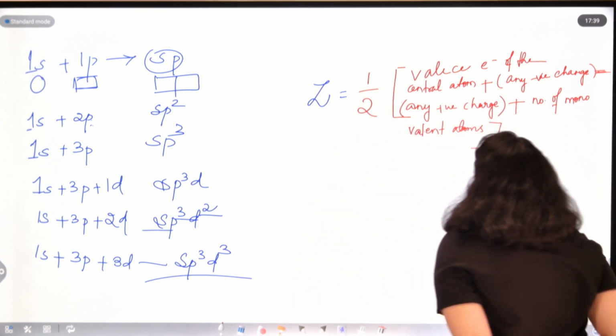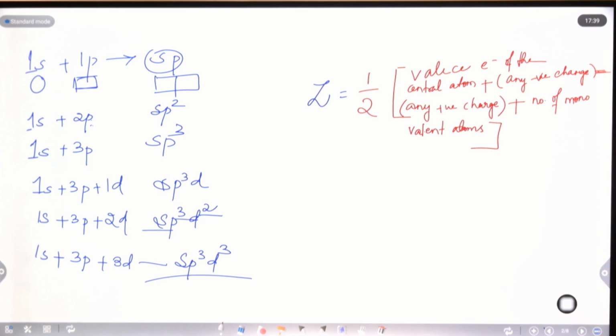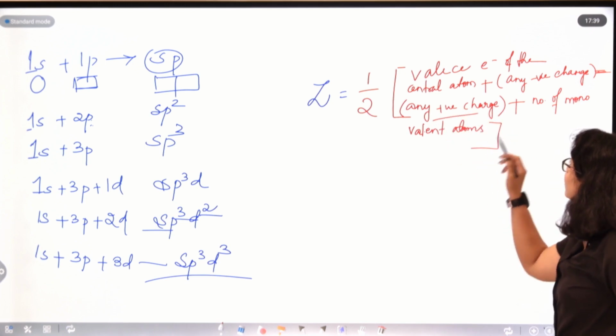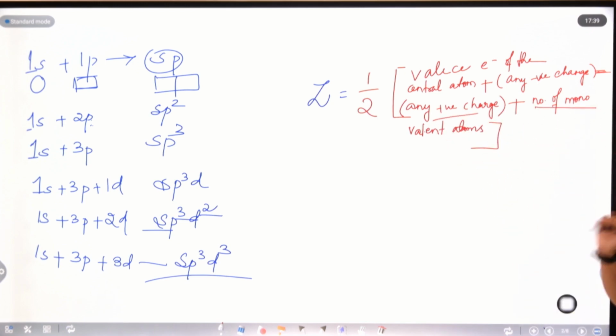Got it? Half of the valence electrons of the central atom, plus any negative charge, minus any positive charge, plus the number of monovalent atoms.